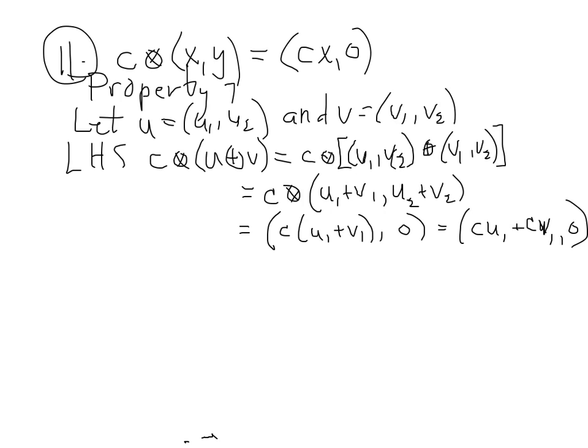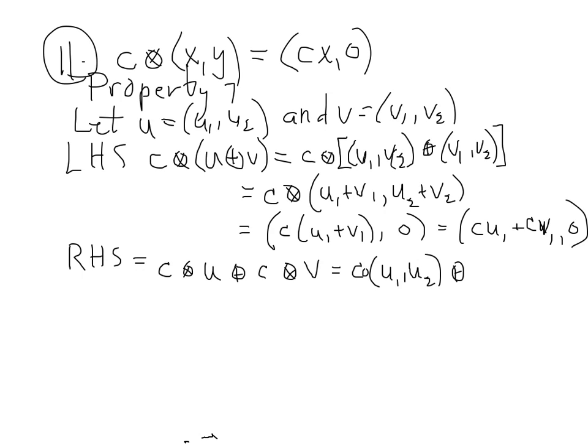So let's look at the right-hand side. And the right-hand side is then C times U plus C times V, which is then equal to C times U1, U2 plus, I forgot my plus sign there, plus C times V1, V2.